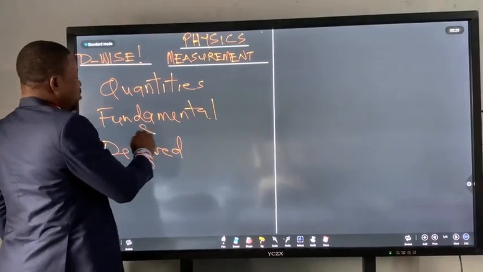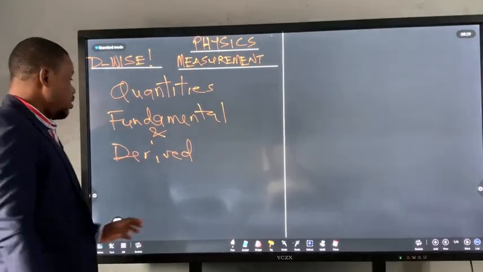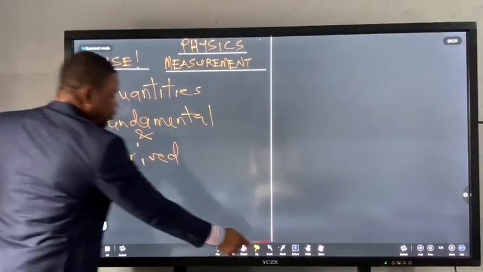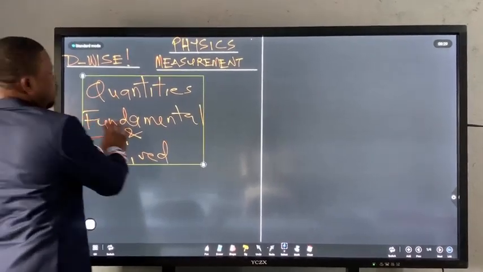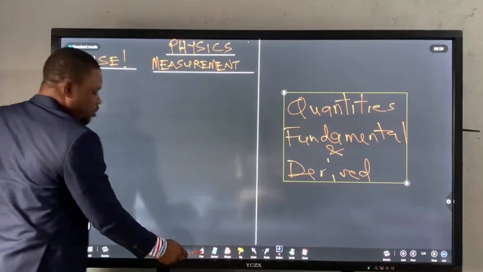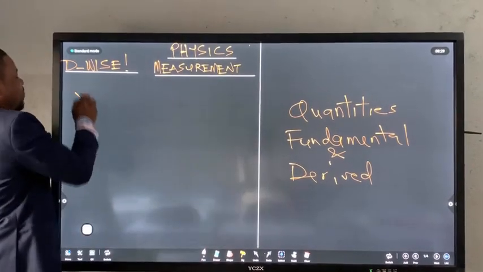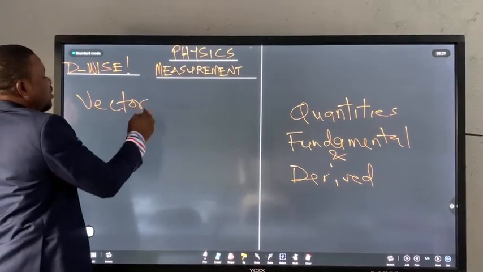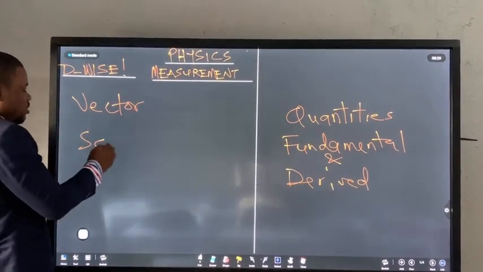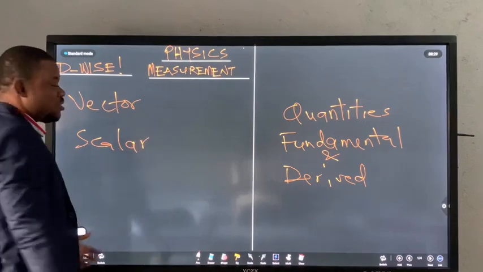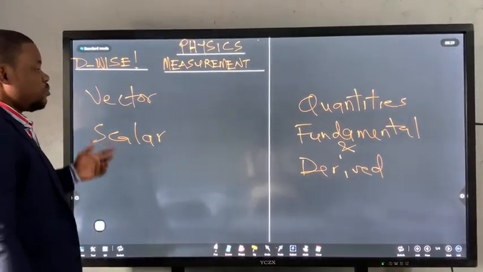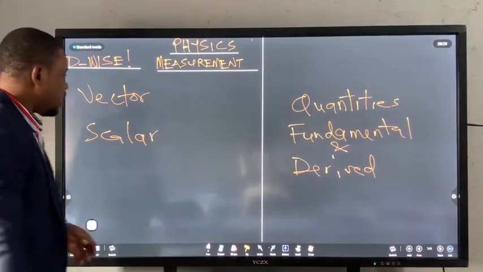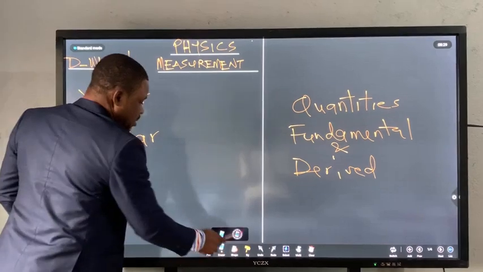These are the ones I'm going to deal with for the class today. There are also quantities like vector. We have vector quantities, and then we have what now? Scalar quantities. Vector quantities and scalar what now? Quantities. All these are also different quantities. But I'm going to focus on fundamental and derived quantities today, like I said earlier on.